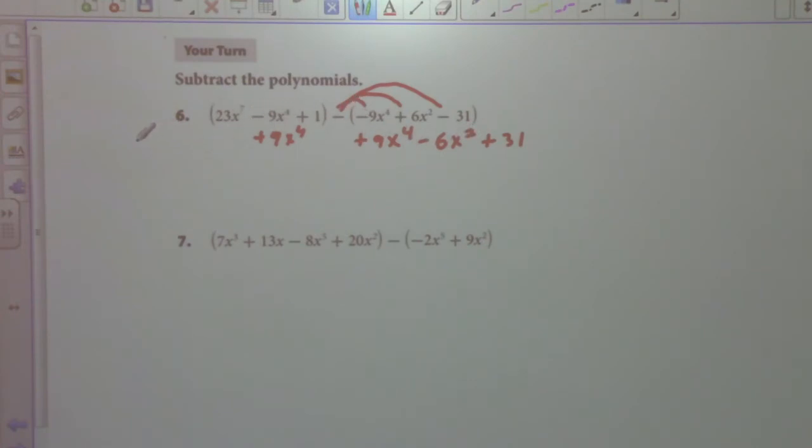No, so I'm going to put this negative 6x squared kind of outside, since there's no column for that yet. And then finally we have this 31. Where's that going to go? Plus 31. And so now, since we've already worked out all the signs, we've turned this into an addition problem, right?